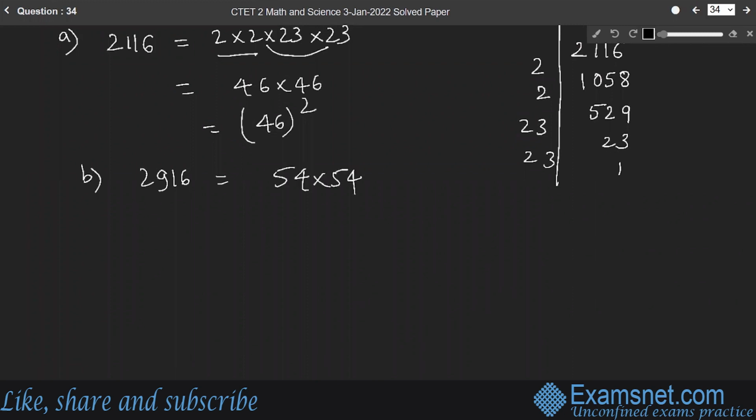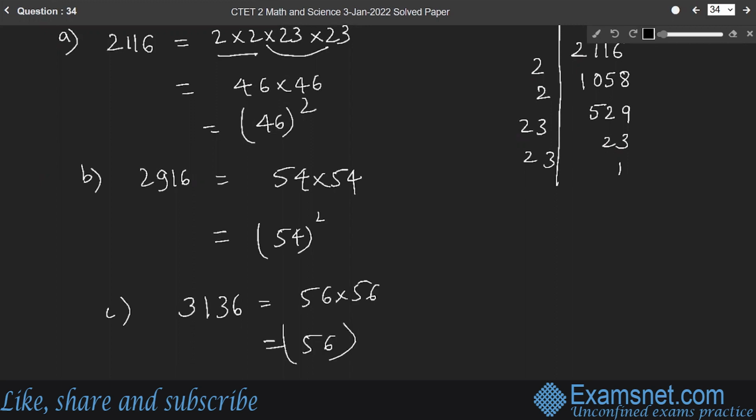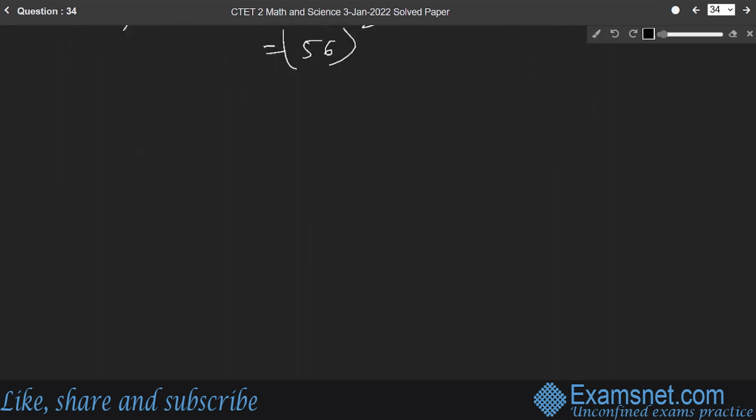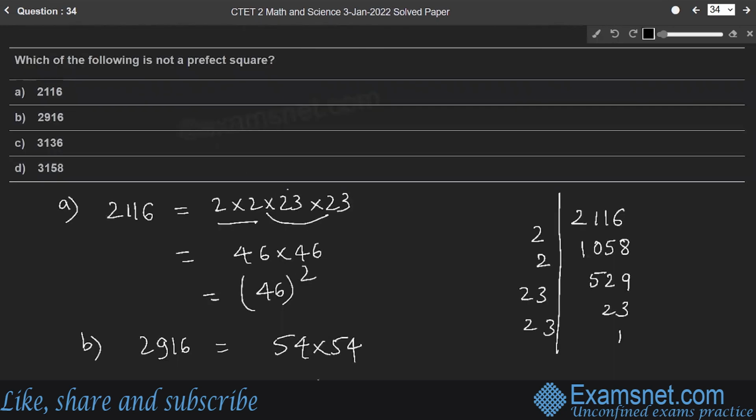You can check the answer, right? 54 whole square. And the third number is 3136, which is square of 56. 56 whole square. Whereas the last number, yes, 3158, it is not a perfect square number.